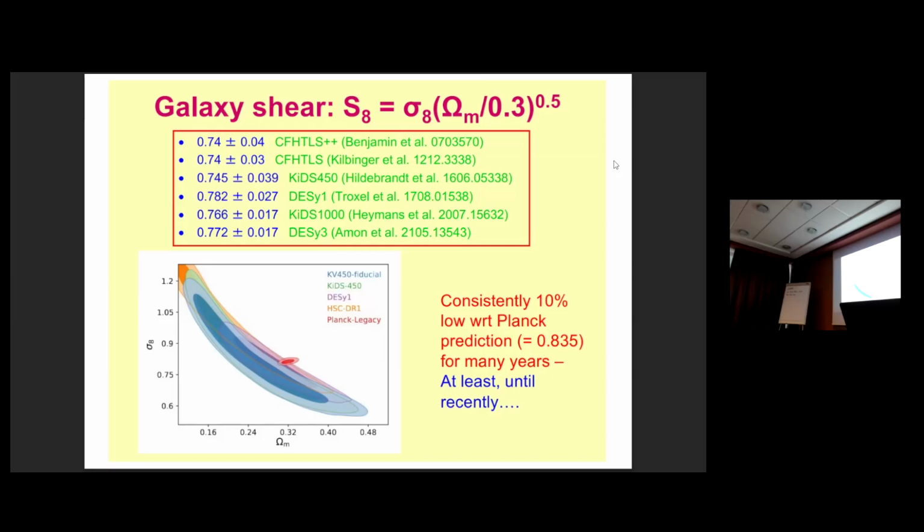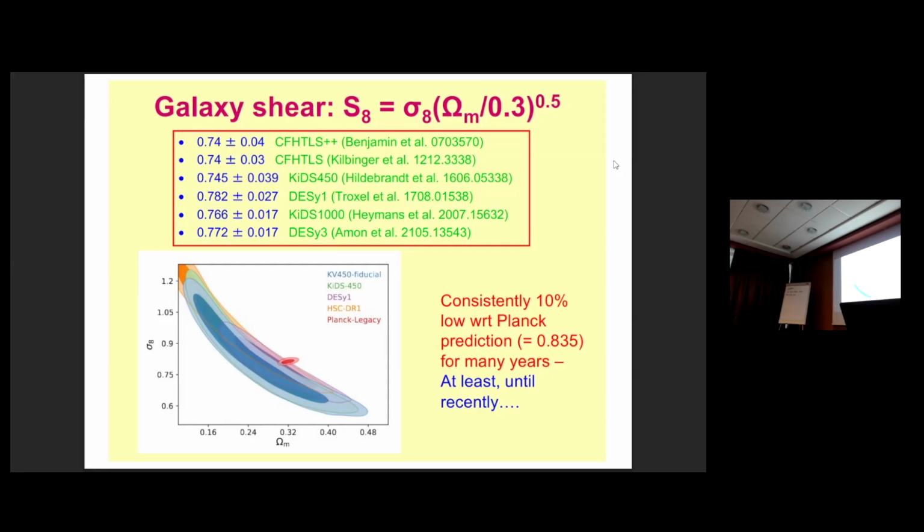Now, as we've seen very recently, the KiDS team raised their number to the point where it's statistically consistent with Planck, so slightly higher than the bananas shown here, although still on the low side. We're still waiting, as we've heard, for results from 6 years of DES data, but the 3 years of DES data was certainly on the low side.